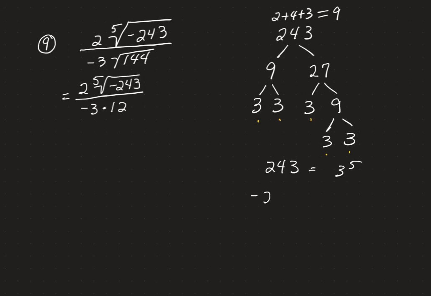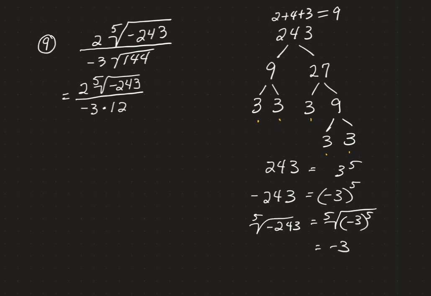We are looking for negative 243, though. If we multiply negative 3 times itself 5 times, will we get negative 243? You can check it if you want, but the answer is yes. Therefore, if we take the fifth root of negative 243, we'll be taking the fifth root of negative 3 to the fifth, and that will give us negative 3.